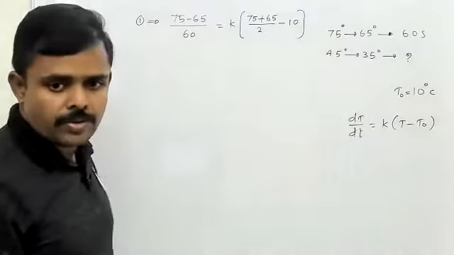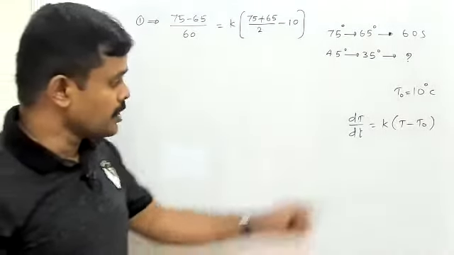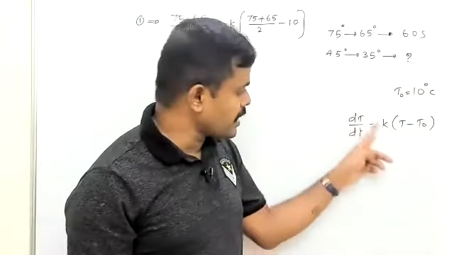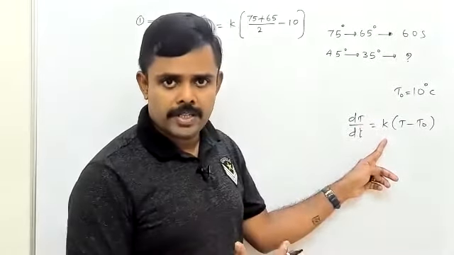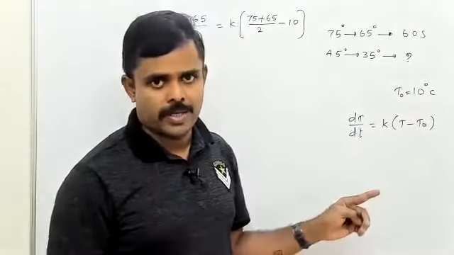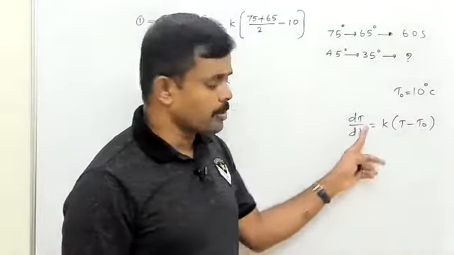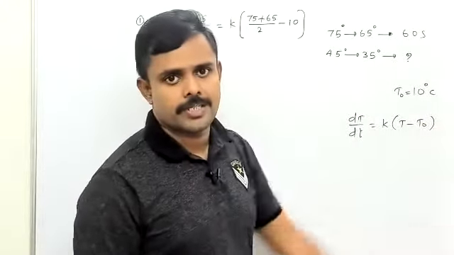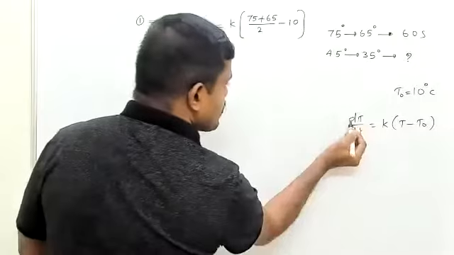Did you understand how I wrote this? This is the equation. dT by dt, rate of cooling, is directly proportional to the difference in temperatures of body and atmosphere, surroundings. So dT by dt is proportional to T minus T0. So dT by dt is equal to constant into T minus T0. I'm writing dT here, temperature difference.